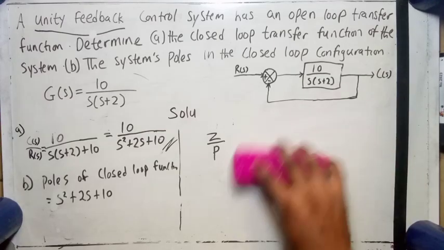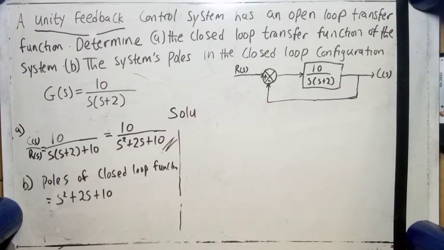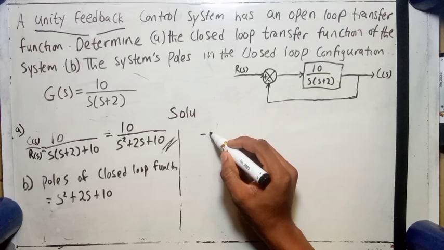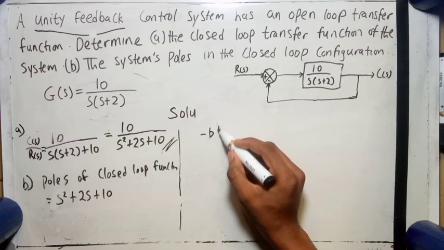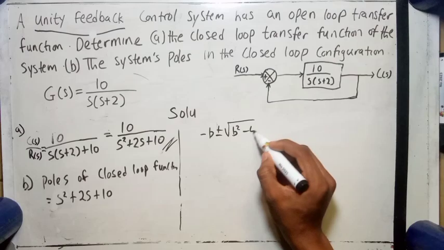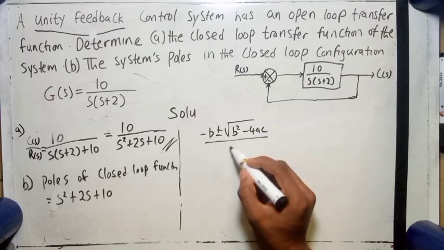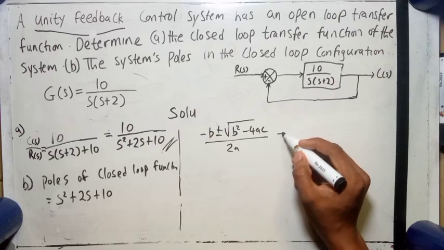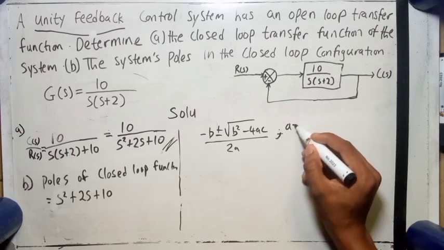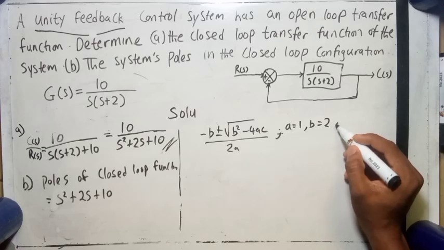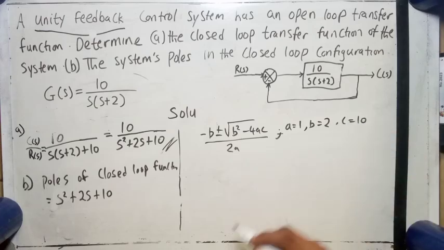If we solve using the almighty formula, we have minus b plus or minus the root of b squared minus 4ac all over 2a. In this case, our a is 1, our b is 2, and our c is 10.